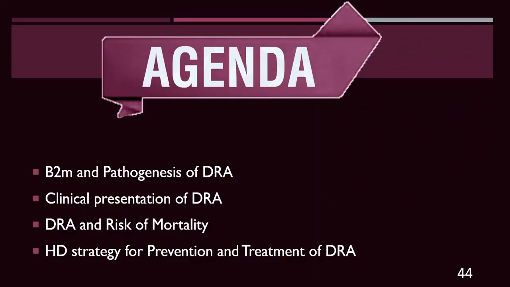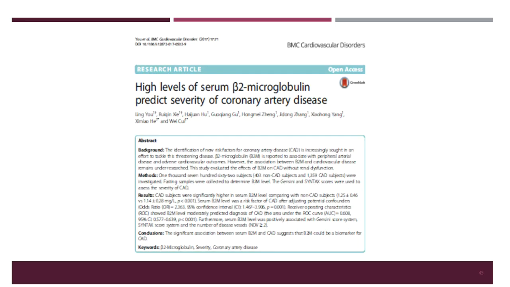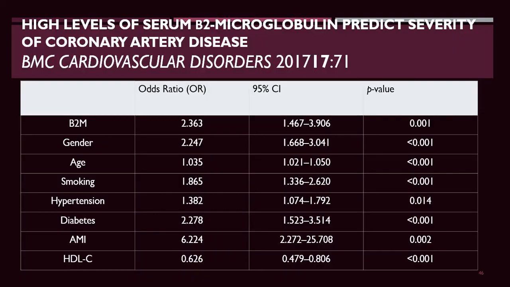Back to the agenda, the risk of mortality. A higher level of beta-2 microglobulin is associated with the risk of mortality. High level of serum beta-2 microglobulin predicts severity of coronary artery disease.